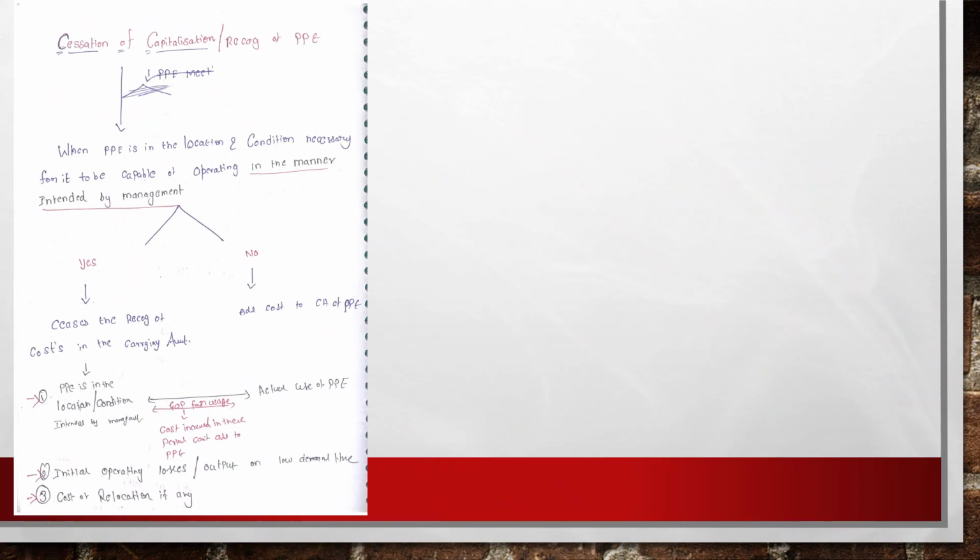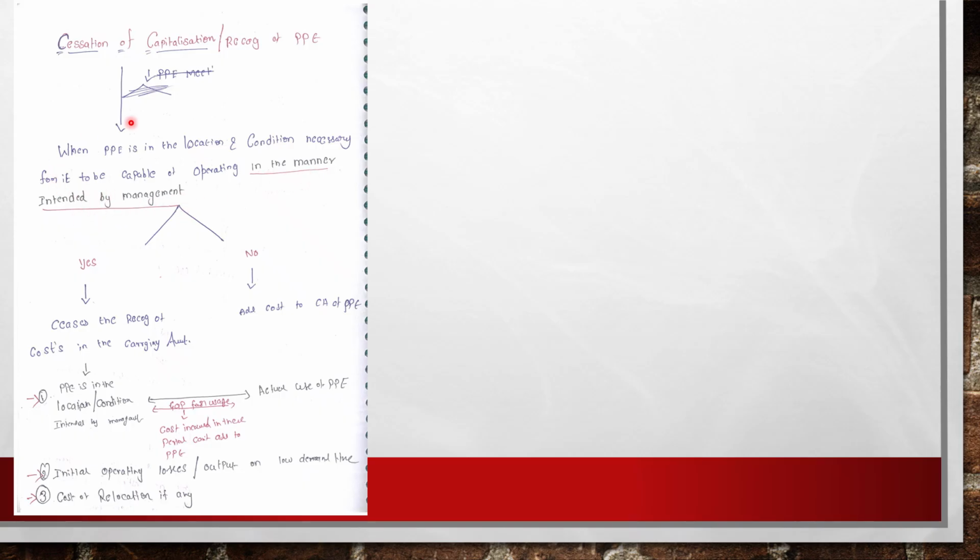And then, cessation of the capitalization. When do we need to cease the capitalization while you are constructing? When the PPE is in the location and condition necessary for it to be capable of operating in a manner intended by the management.